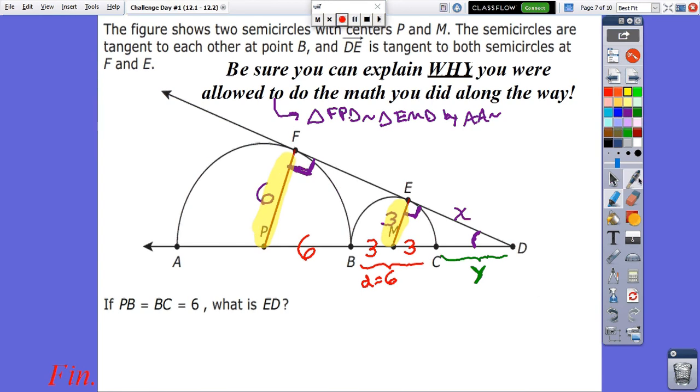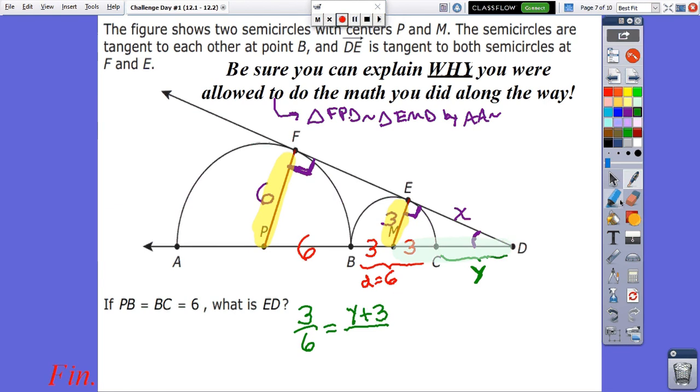We know that there's a 3 to 6 ratio here, aka a 1 to 2 ratio, right? And so what we can now do is I'm going to focus on the hypotenuses here. And so what is the hypotenuse of my smaller right triangle? Well, that would be this 3 piece plus this y piece. So that's y plus 3.